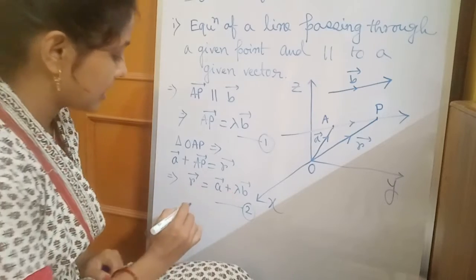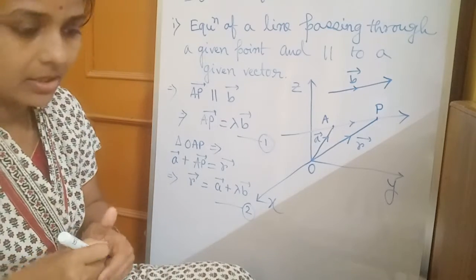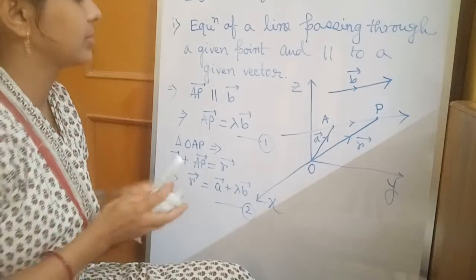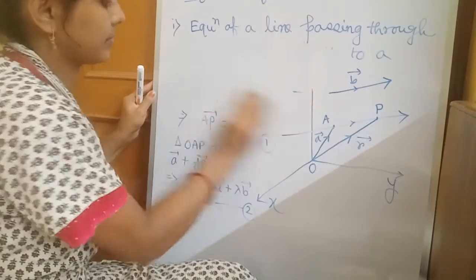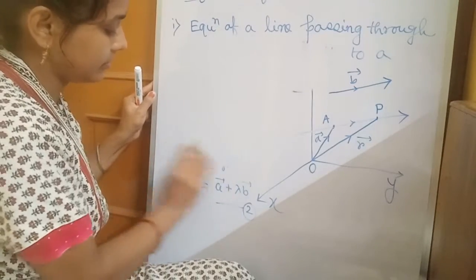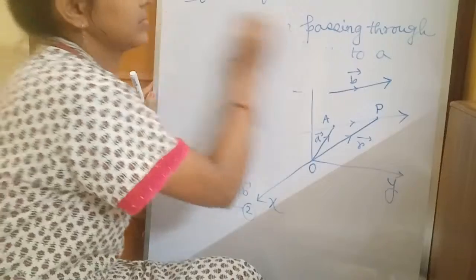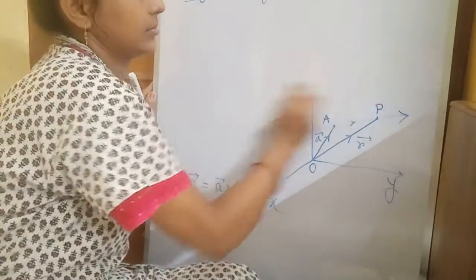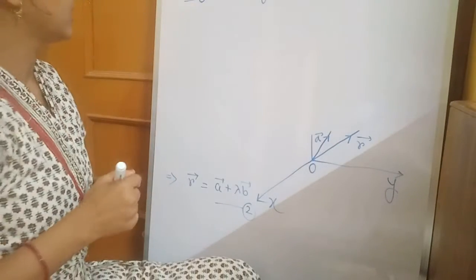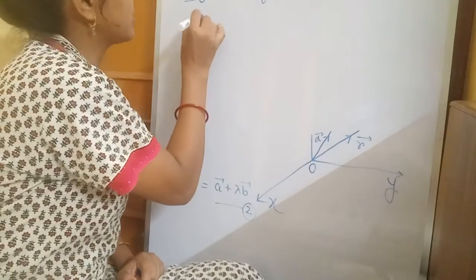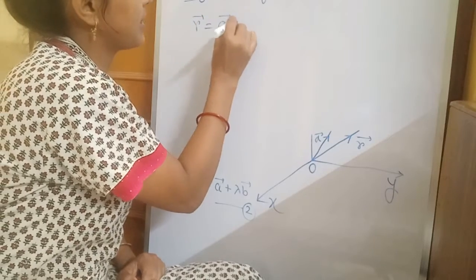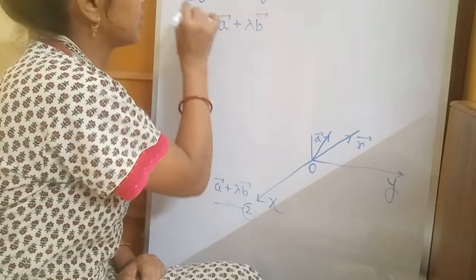So r vector equals a vector plus lambda b vector.